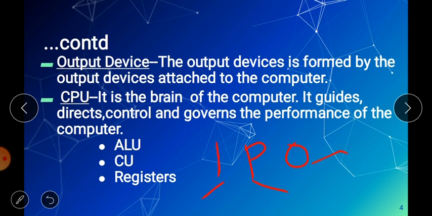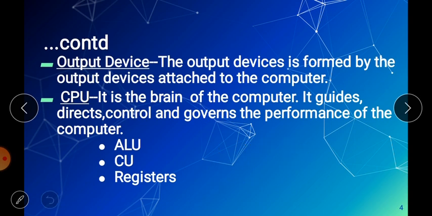First of all you need to give input to the computer system, then the computer processes the input given by the user, and after processing it gives you the output.